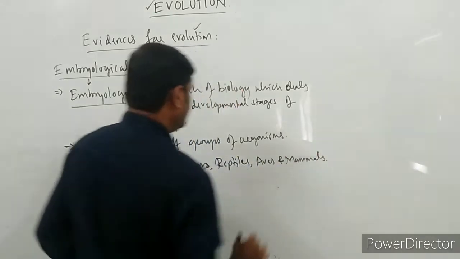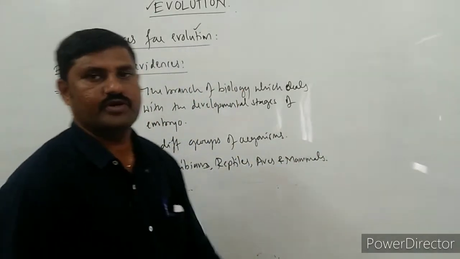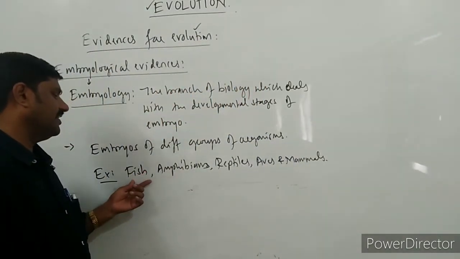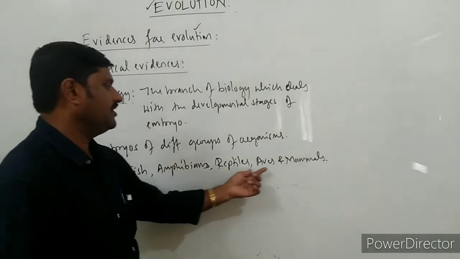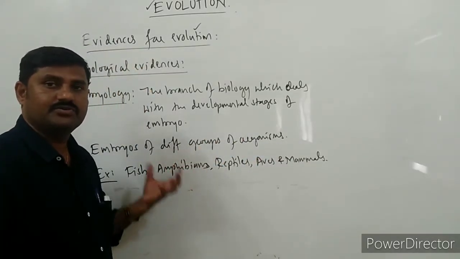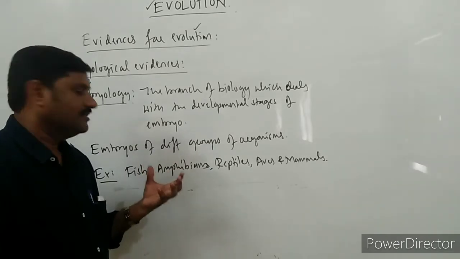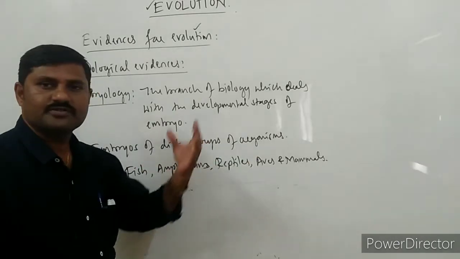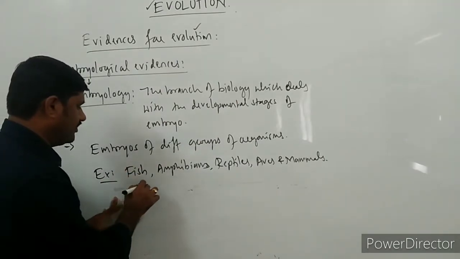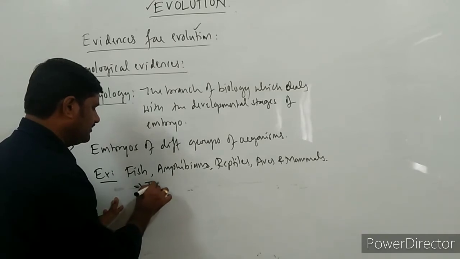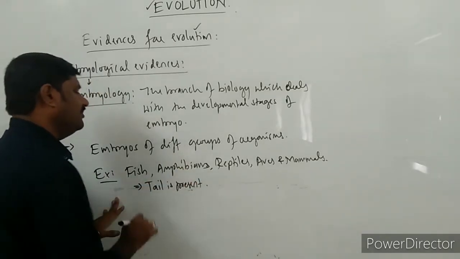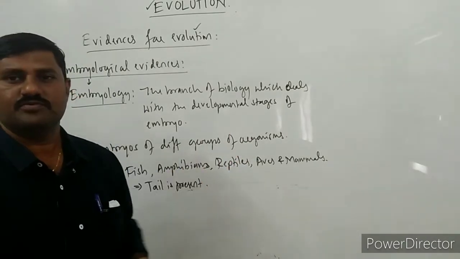All these are different groups of vertebrates. Whenever you go through the embryological development of fish, amphibians, reptiles, as well as mammals, you will find most of the similarities. The most common one I am going to mention is that the tail is present in the embryos of all these different groups of vertebrates.